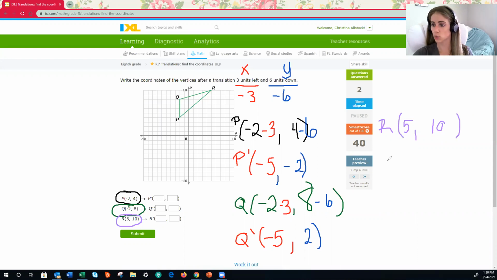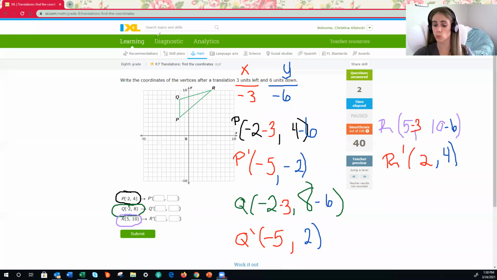Once again, in order to find our R prime, we're going to subtract 3 from the X value. 5 minus 3, pretty self-explanatory, that's 2. And then subtract 6 from our 10. 10 minus 6 is 4. All right, we have all 3 points.